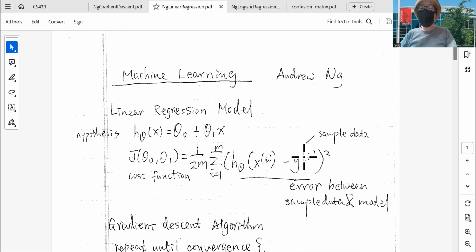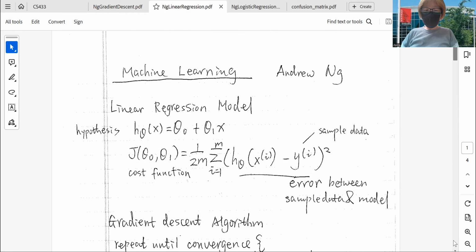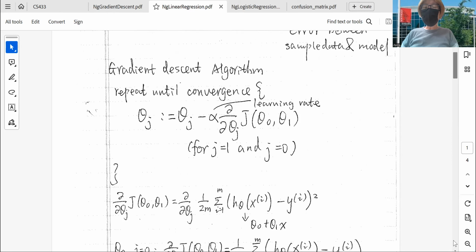The cost function is the sum of the errors squared. So we can see, basically this is pretty much like Adaline. Is it like Adaline? And then we can apply gradient descent.